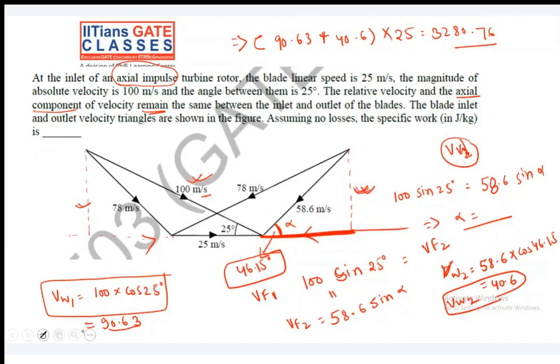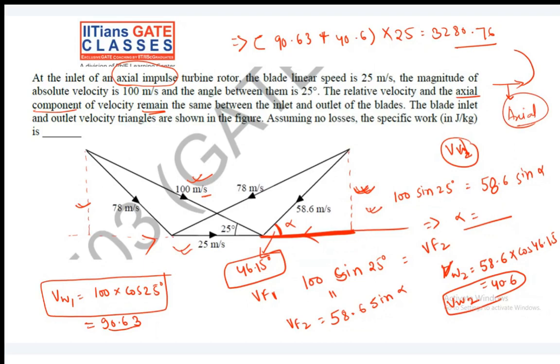Initially we saw that when it was tangentially acting, there was no flow velocity component, or the axial component was nil at the entry. But here we have an axial component at entry and at the exit as well. Only think about what is given to you and how to utilize it, okay? And then we are done.